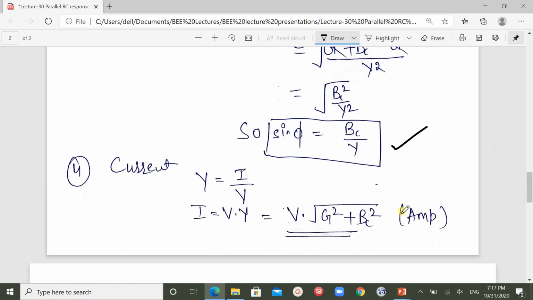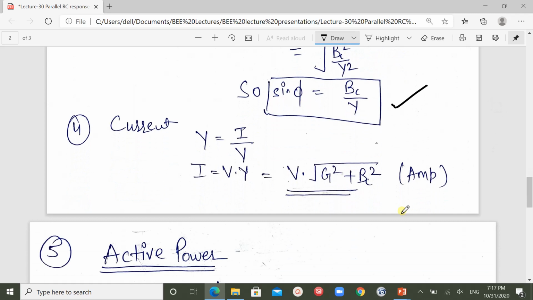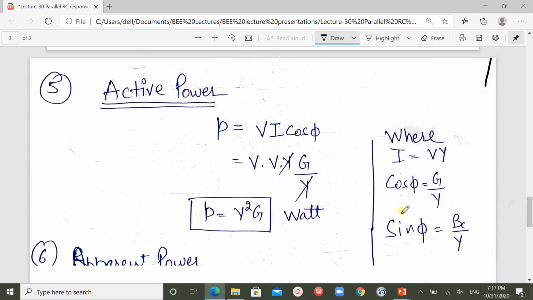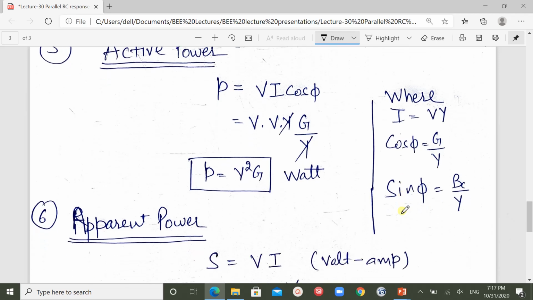Then the next term is current. Y is equal to I upon V, or I is equal to V into Y, and we know the value of Y. Y is the admittance, it is under root G square plus BC square. Then active power is denoted by P, and it is given by VI cos phi.